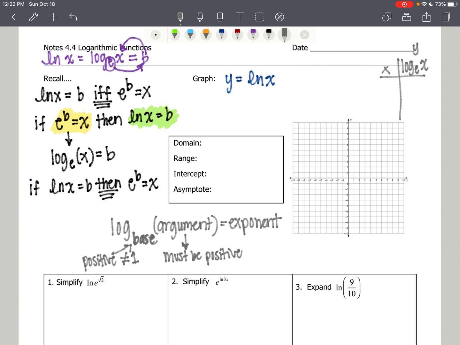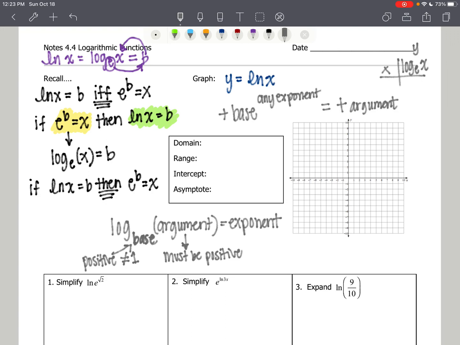A positive base raised to any exponent will always give me a positive output. So a positive base raised to any exponent will equal a positive argument.